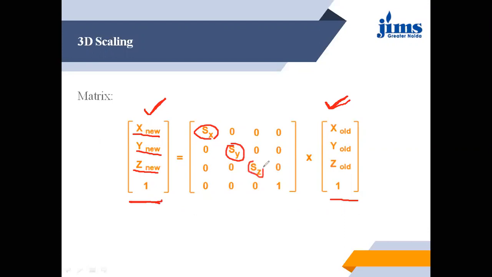I told you why we use this one. This is for symmetry.